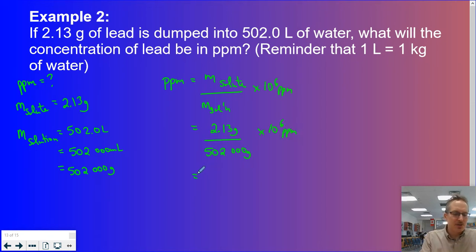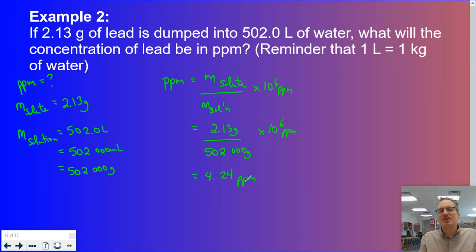So 2.13 divided by 502,000 grams times 1 million. And my answer in 3 sig digs is 4.24. Grams cancel. The only unit I have left is parts per million.